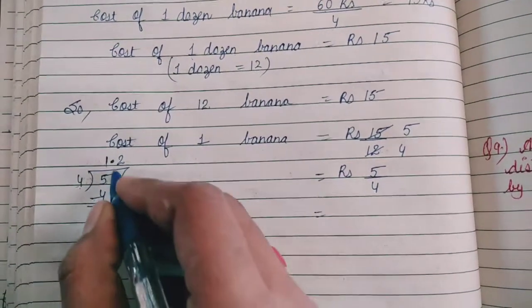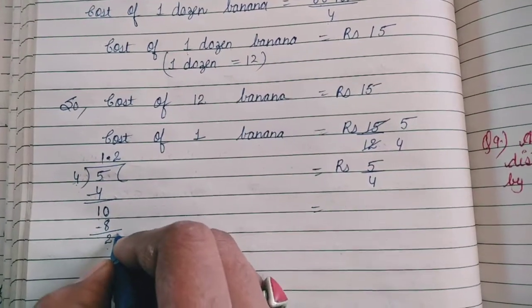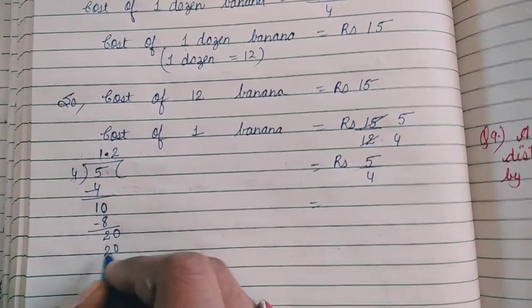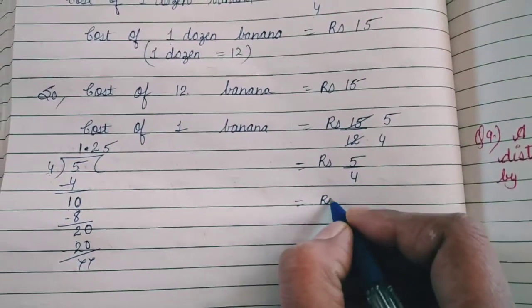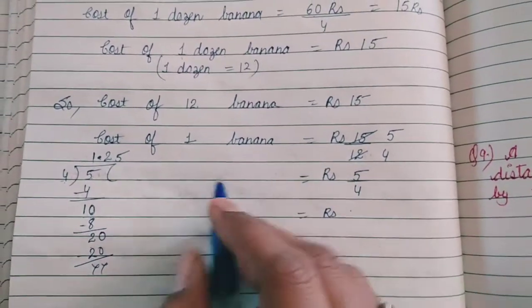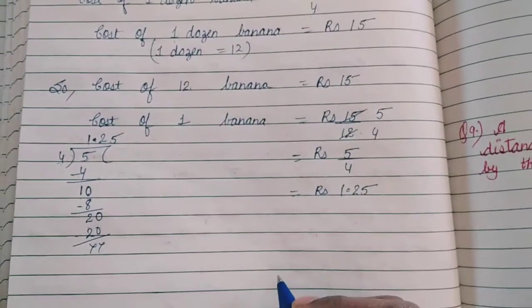Now again we need to divide 2 by 4, and we already put the decimal here, so we can easily put 0, and 20 comes in the table of 4, 5 times. It means that 5 by 4, or the cost of 1 banana, is rupees 1.25.